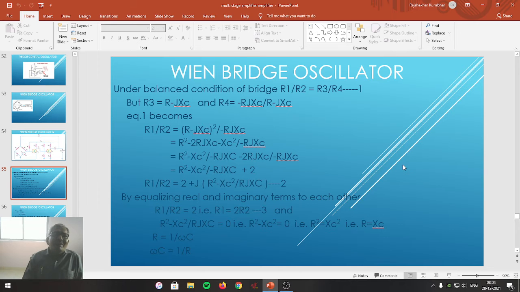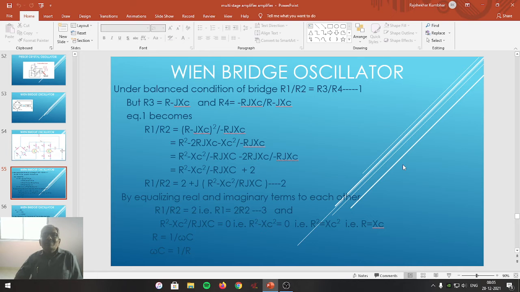But when the bridge is unbalanced, then and only then output is made available and oscillations are set up and made available at the output. We are well aware that the two-stage common emitter amplifier provides 360 degree or 0 degree phase shift to establish the positive feedback, to satisfy one of the conditions of Barkhausen criteria.